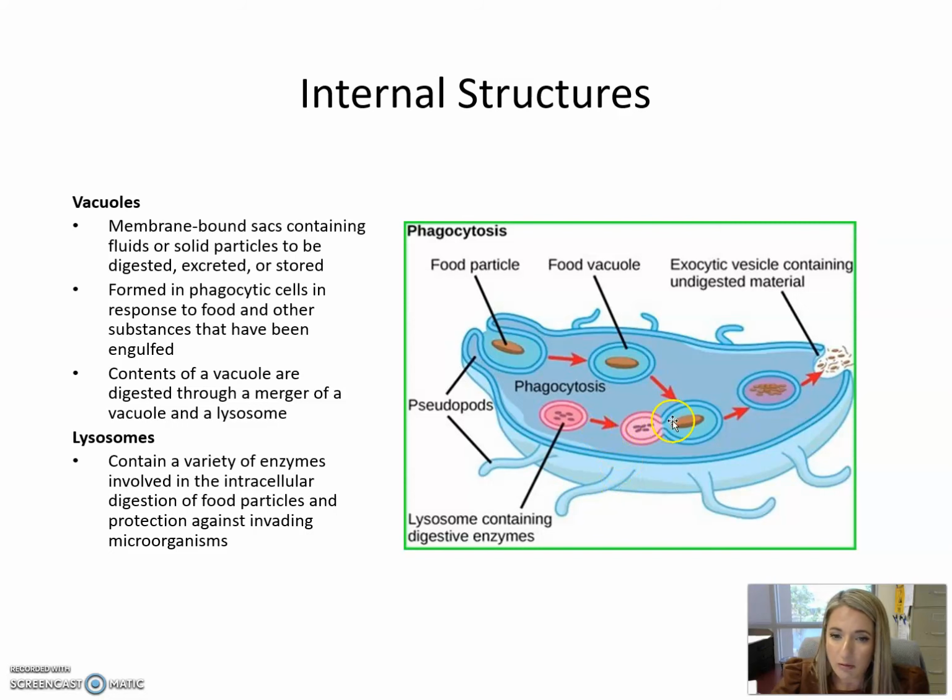So lysosomes will always fuse with the vacuoles, and the lysosome will release the digestive enzymes into the vacuole and break down whatever the vacuole was storing, whether it was storing food that will then be processed into nutrients, or a bacterium that needs to be destroyed if it was a phagocytic cell. But vacuoles are merely storage compartments while awaiting digestion. Digestive enzymes will come from the lysosome to break down whatever was being stored in the vacuole.